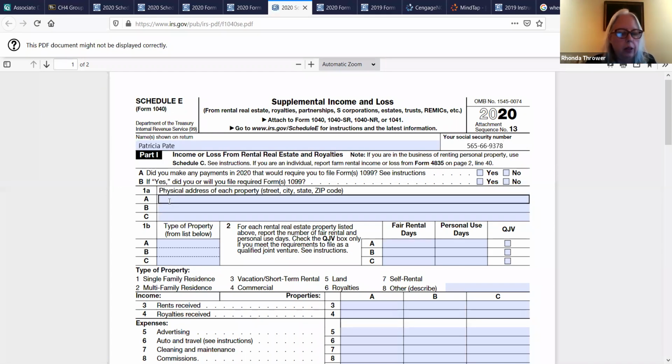You also want to put in the physical address that was given in the instructions.